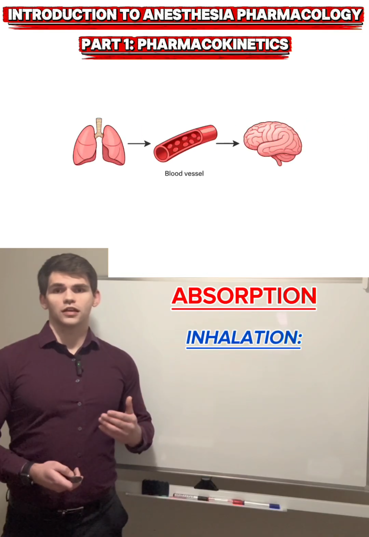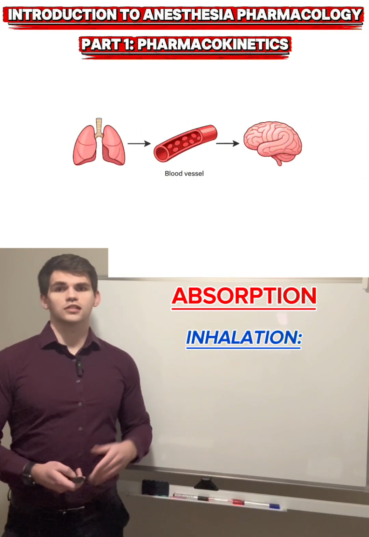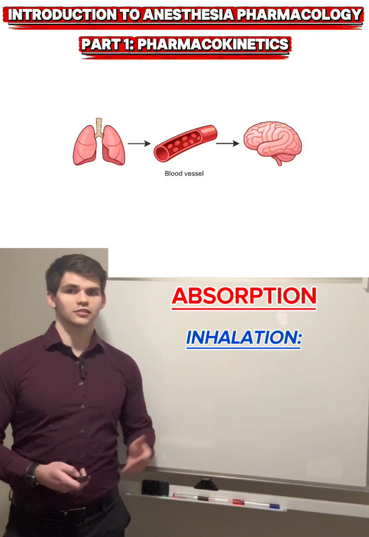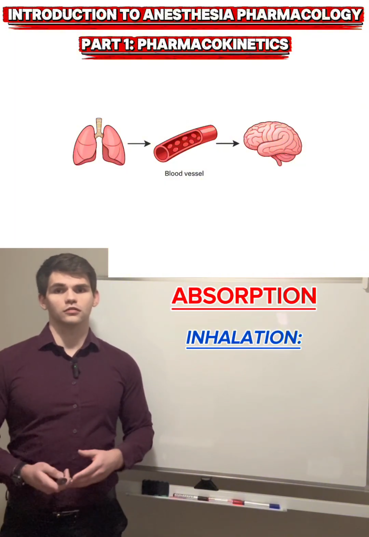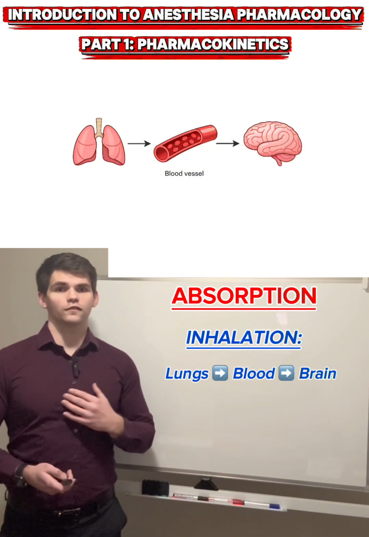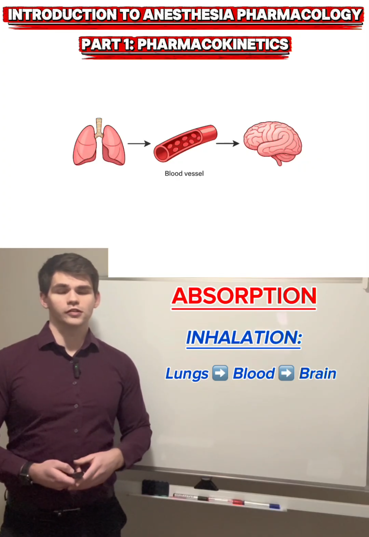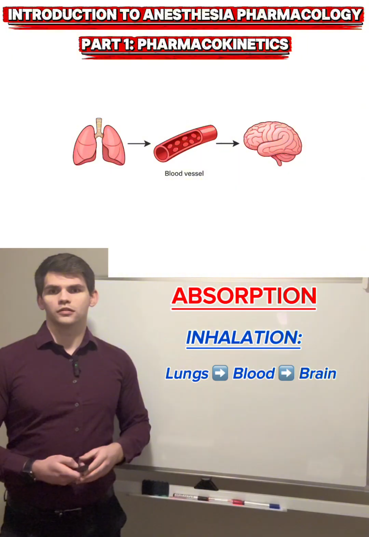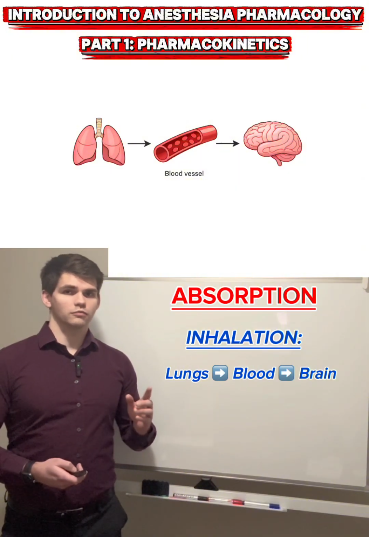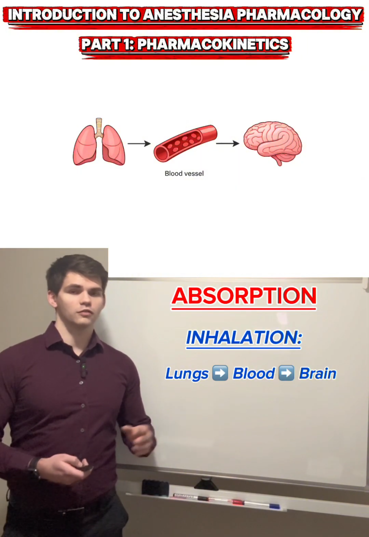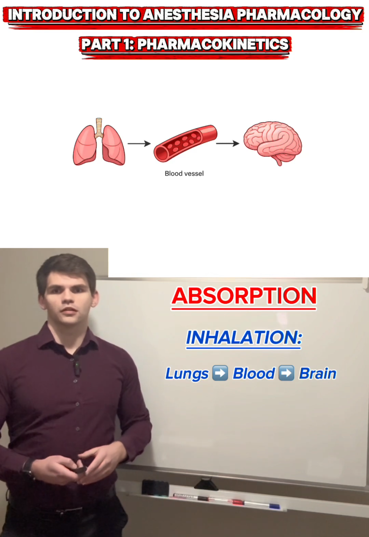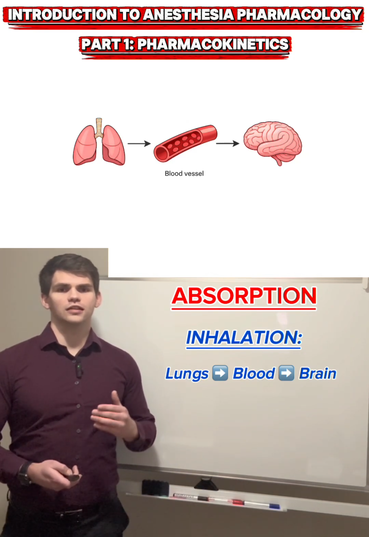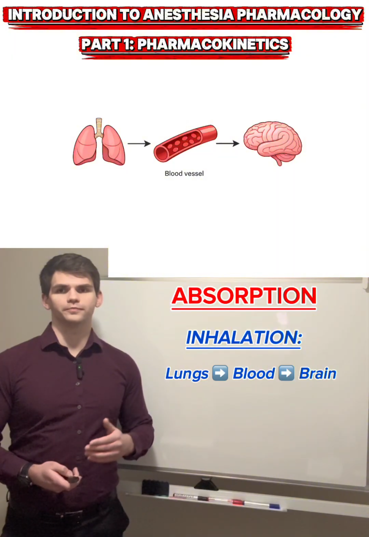So, moving on to inhalation administration. This is also central to anesthesia because this is how we deliver volatile anesthetics. With inhalation, the drug enters through the lungs, diffuses across the alveoli, enters the blood, and then travels to the brain. So, lungs, through the alveoli, into the blood, and then into the brain. One of the big advantages of inhalation anesthesia is that it is continuously adjustable.